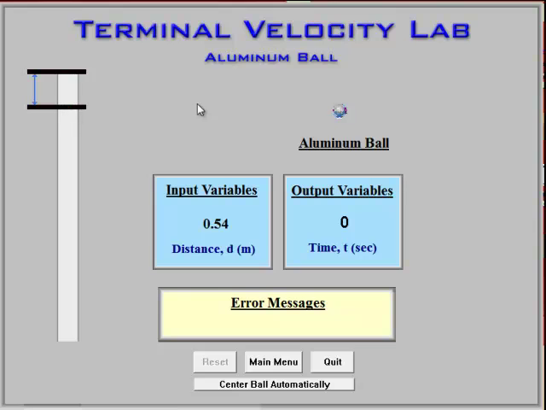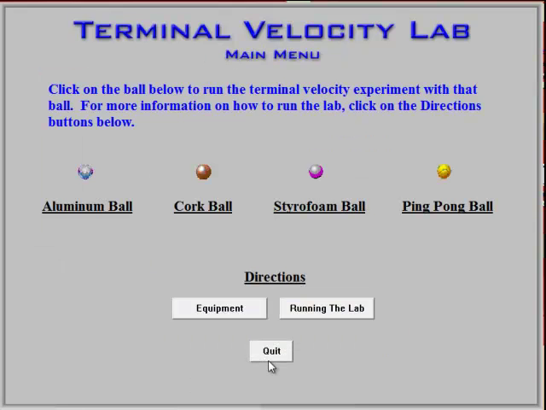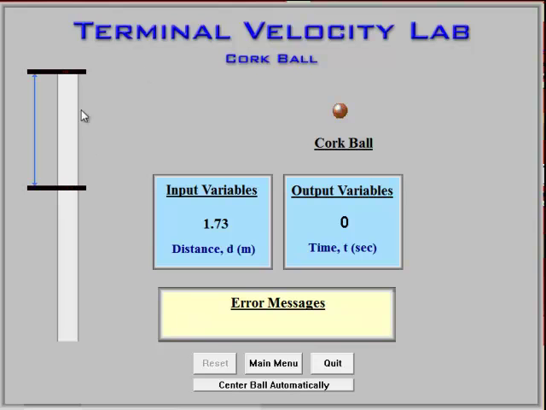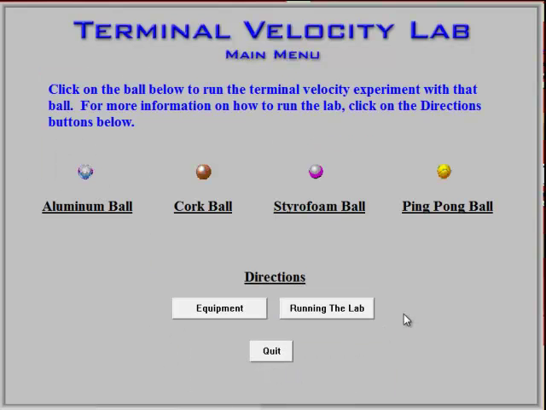So essentially the data will be a distance versus time of the ball falling down the tube. There's also a center the ball automatically option in case students find it too difficult and get too frustrated. Then we'll go back, do the cork ball, run the same experiment, and continue for all 4 of the balls.